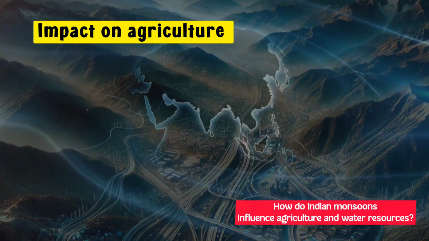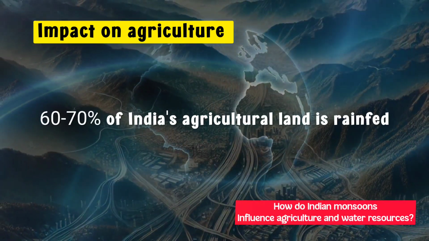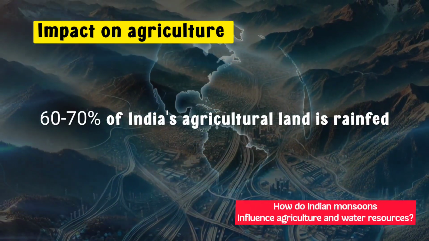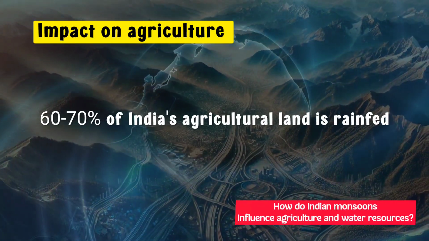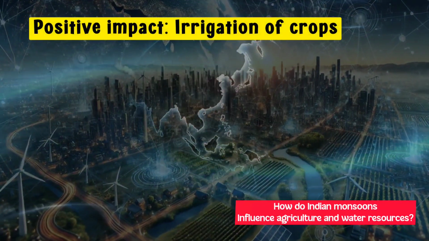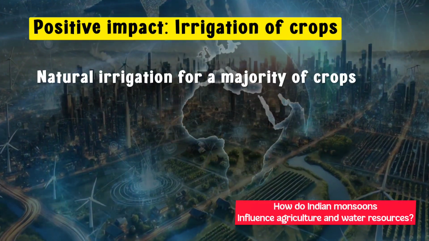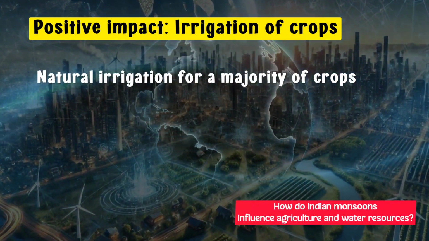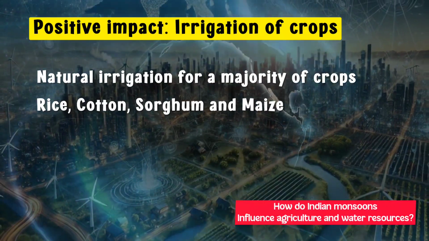Agriculture in India is primarily dependent on the monsoon rains. About 60 to 70% of India's agricultural land is rain-fed, meaning that the success of the monsoon season directly impacts crop yields. When the monsoon arrives on time and brings adequate rainfall, it provides natural irrigation for a majority of crops. Crops like rice, cotton, sorghum, and maize benefit from the heavy monsoon rains.